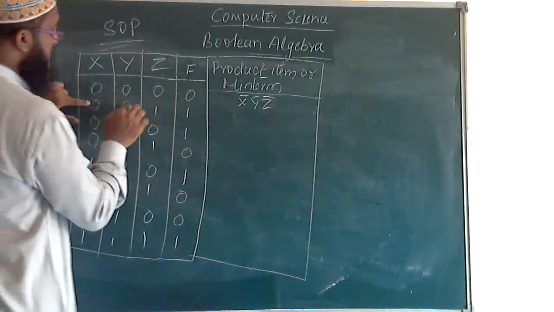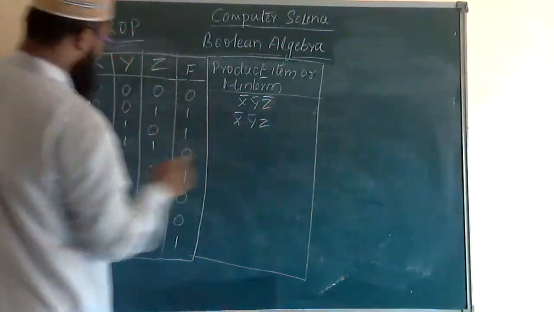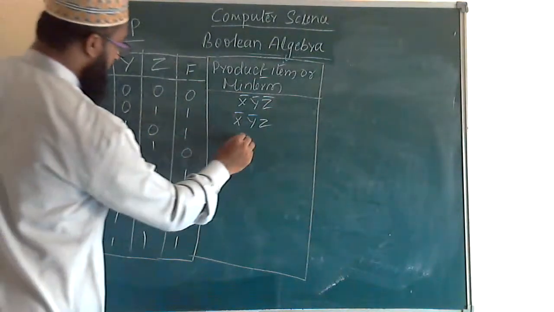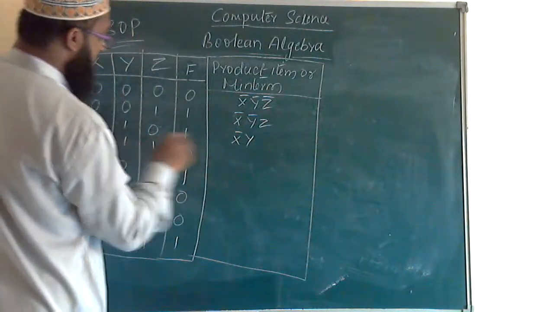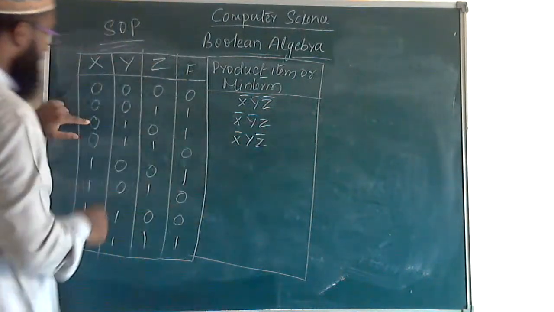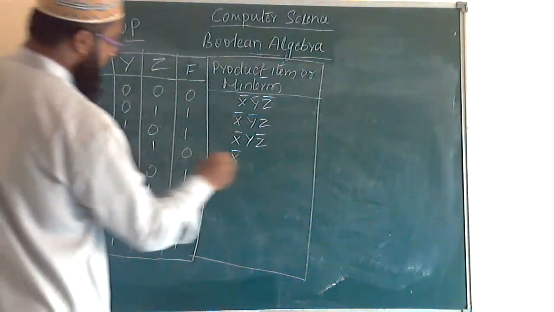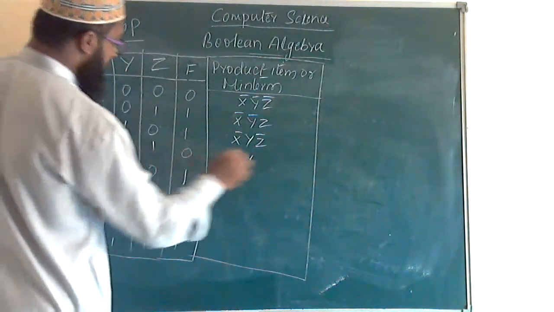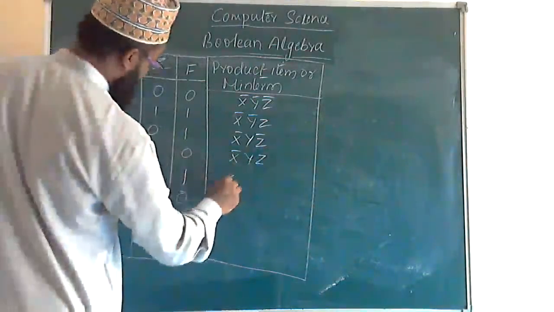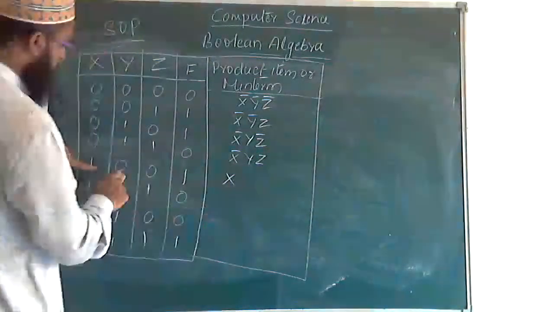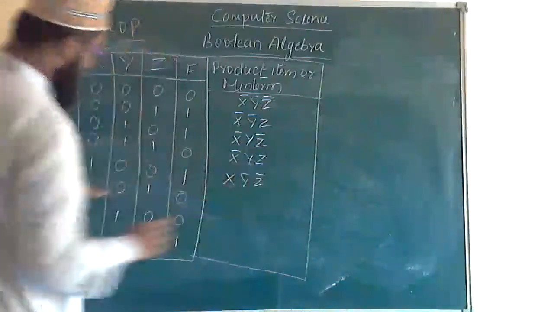Okay, x y. Then x bar, y bar, z. Here x bar, y value is 1, write as it is, z value is 0, put bar. Okay, x value is 0, y value is 1, write as it is, z value is 1, write as it is. Here x value is 1, so write as it is, y value is 0, put a bar, z value is 0, put a bar.